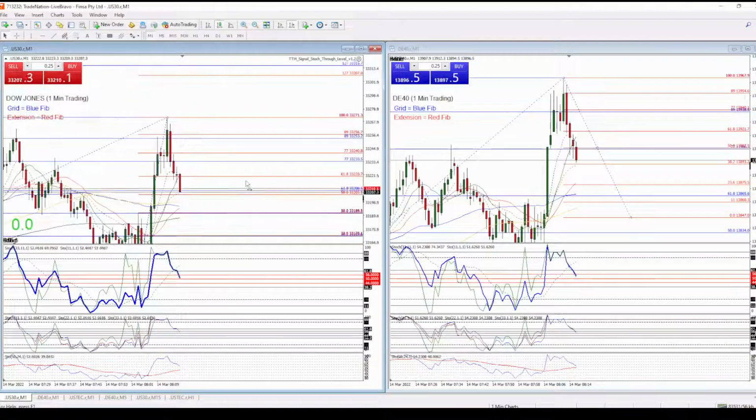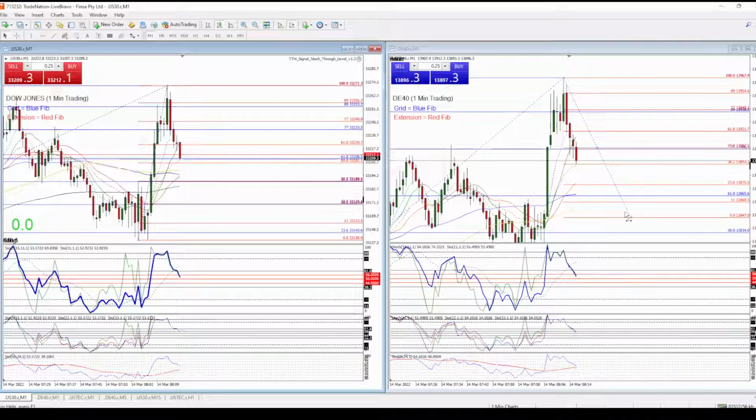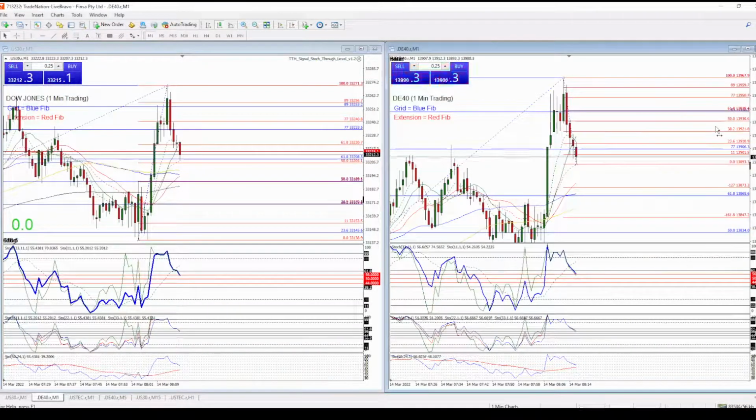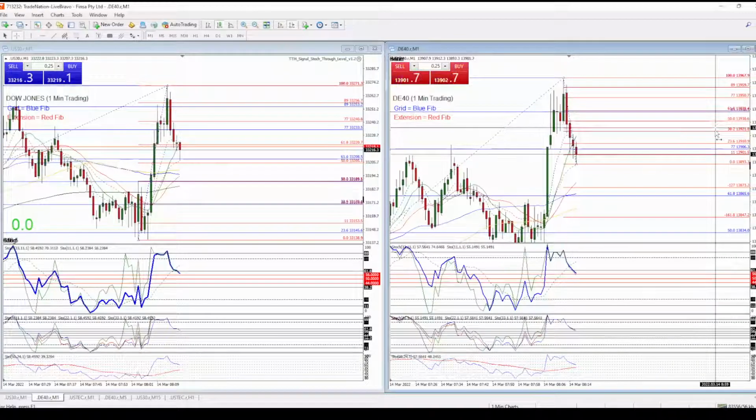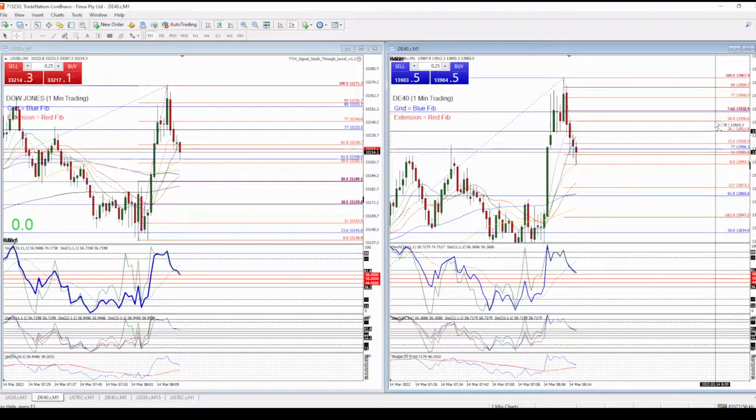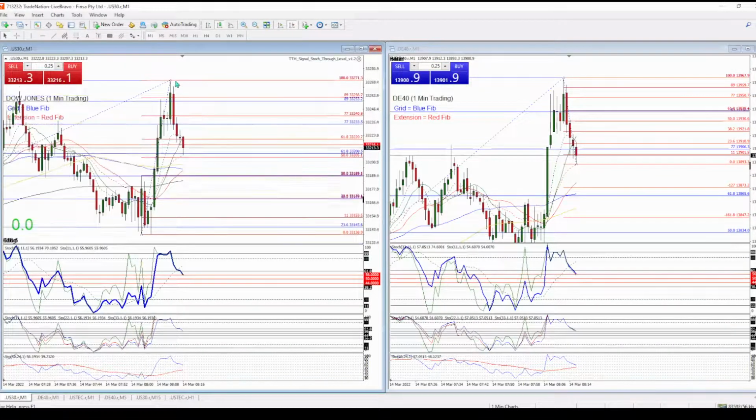Take a profit on the Dow. 38 back to 50 is about 8.5 points, not enough on the DAX. Support, as I said, 38.2 of daily on the Dow. Resistance on the DAX, 77 of daily and 89 of weekly.